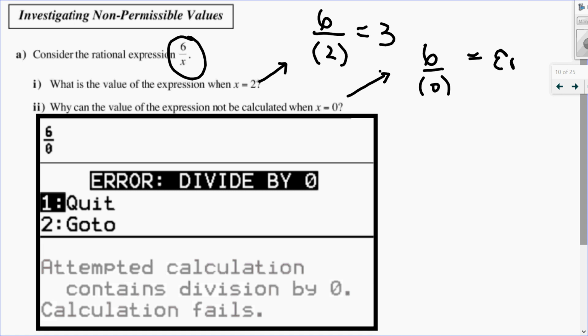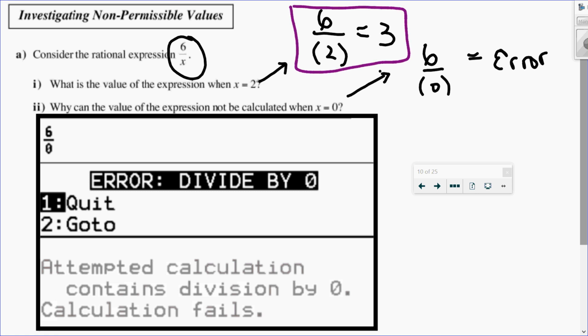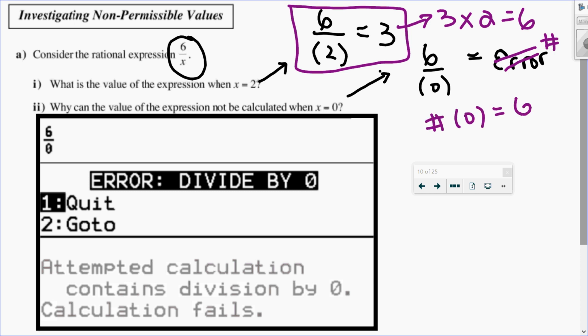Let's talk about why. So I wonder if you guys know why you can't divide by 0. Well, I'm going to take you back to the one that I could do. So I can do 6 divided by 2 equals 3. That's no problem. And the reason that this works is because 3 times 2 equals 6. So if I go to 6 divided by 0, let's say it equals a number, just like over there, then that means that some number multiplied by 0 equals 6.